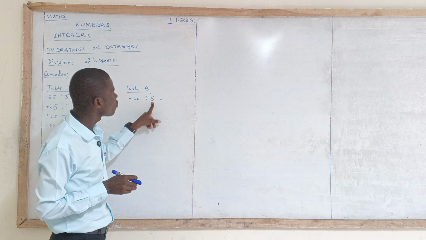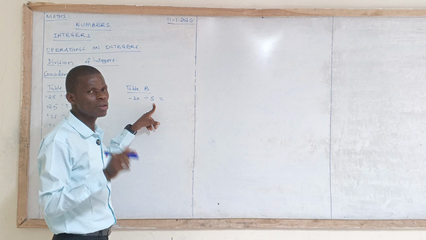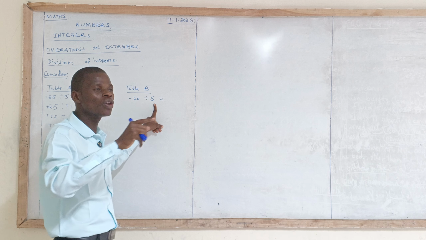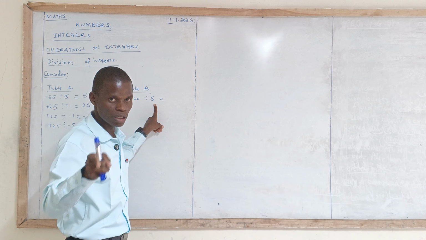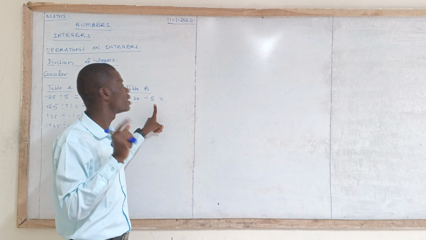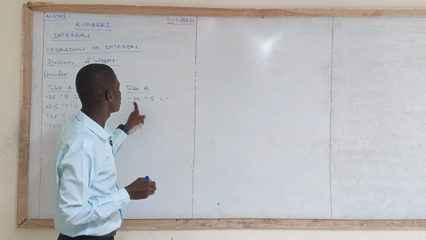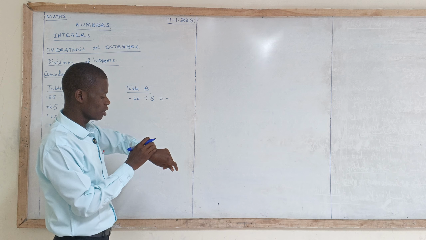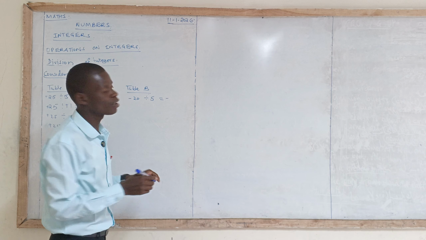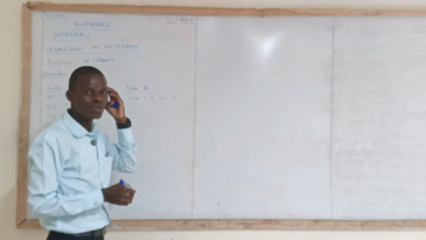So which number, if I multiply by 5, I get negative 20? That number must be negative, because it is only negative times positive that gives us negative. Then I take 20 divided by 5, that is 4. Wow! So I don't need to think that hard.